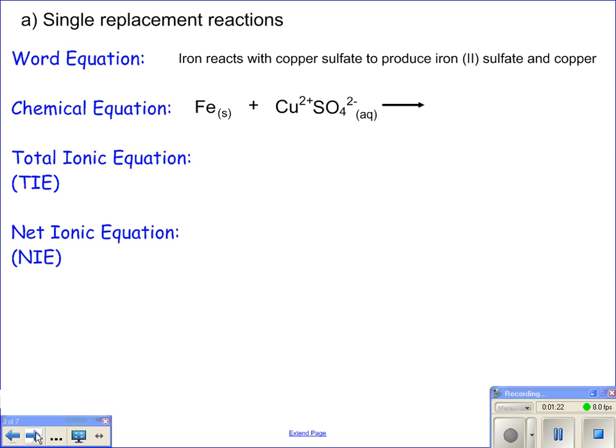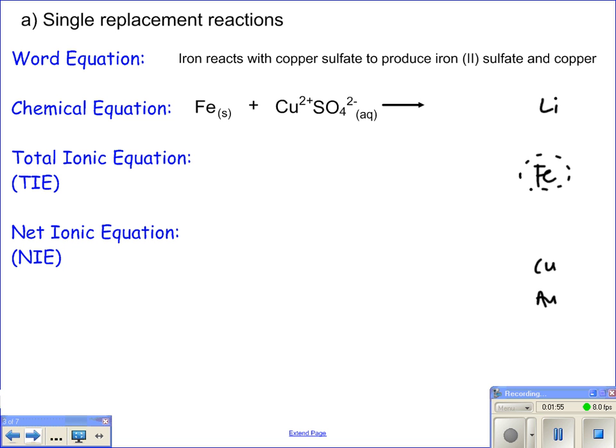Our word equation begins with iron reacting with copper sulfate to produce iron 2 sulfate and copper. We do know for a fact that this reaction does occur because, as we've learned in this unit, the activity series of metals can predict it for us. If you look at your activity series of metals that you copied from page 165 of the textbook, going from the top, which has lithium, down to gold at the bottom, iron is somewhere in here and copper is somewhere in here.